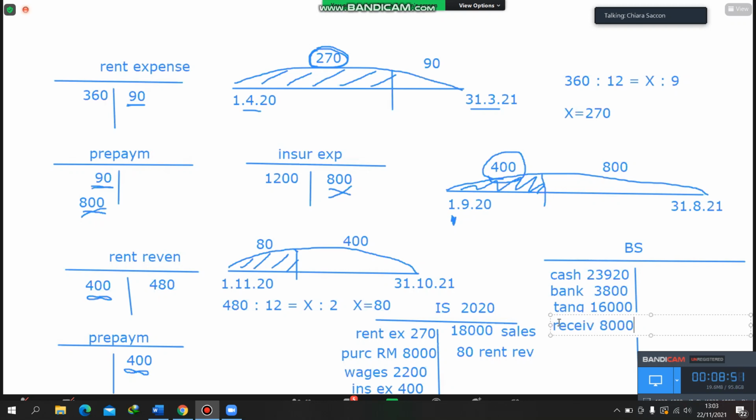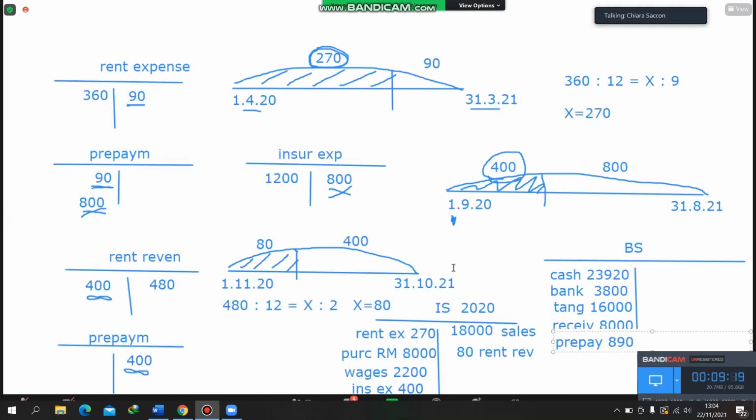Then the prepayment here, we have prepayment 890. Yes, 890. And then other asset accounts.